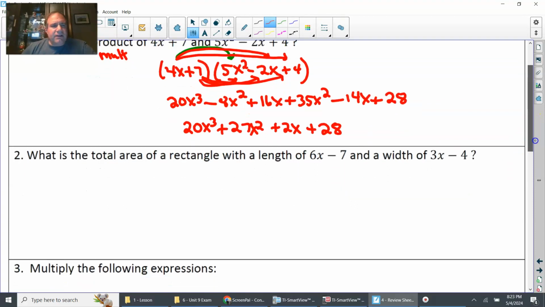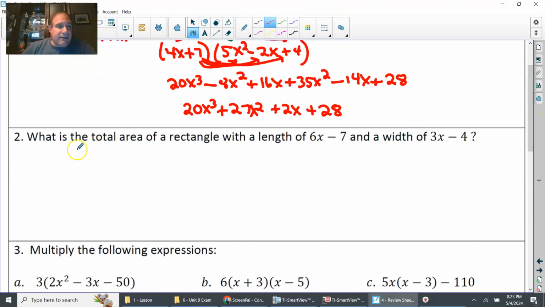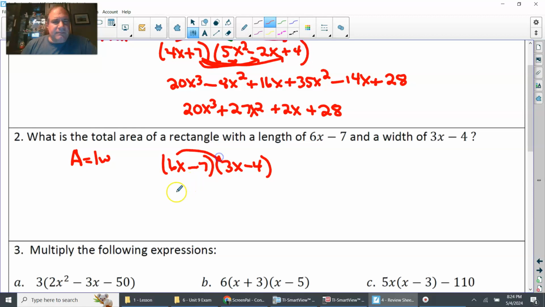The total area, what is the total area? The area formula is area equals length times width. All I want you to do is to multiply the two binomials. So we have 6x times 3x, which is 18x squared. 6x times negative 4 is negative 24x.